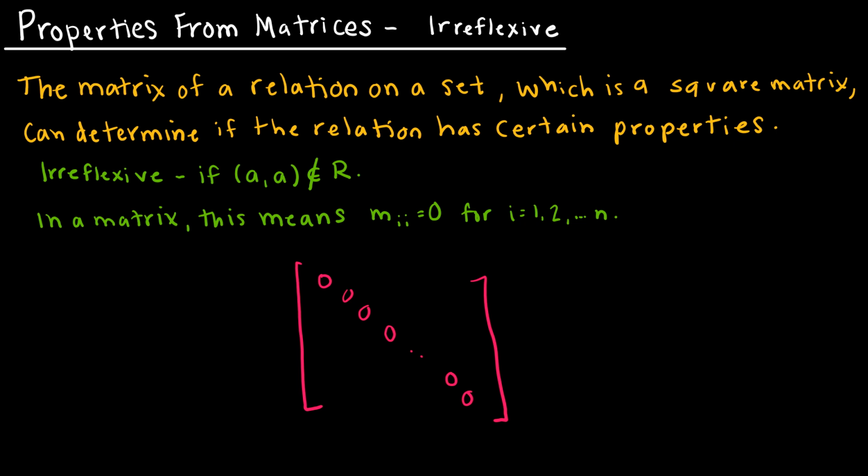If the reflexive property told us that (a, a) had to be in the relation, the irreflexive property says (a, a) cannot be in the relation. So the entire first diagonal should be all zeros instead of all ones.